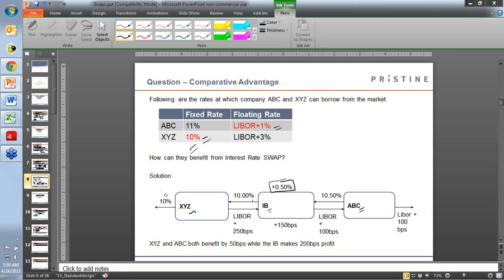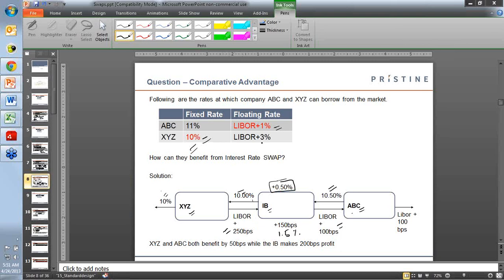So if XYZ is lending the money to ABC at 10%, IB will take off 0.5% from that, and essentially XYZ will be loaning the money to ABC at 10.5%. Similarly, ABC will loan the money at LIBOR plus 1%. The IB will again take off around 1.5% of the profit, that is 150 BPS, and loan the money to XYZ at LIBOR plus 250 BPS, that is 2.5%.